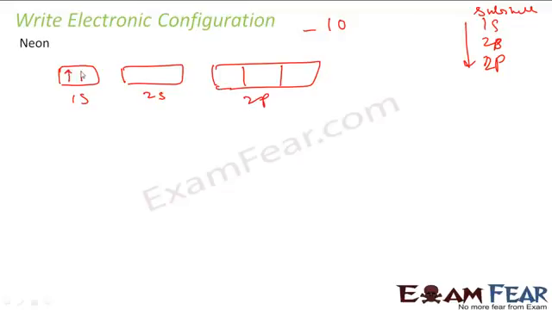First electron comes here, second comes here, third, fourth, fifth, sixth, seventh, eighth will come here, ninth will come here, and 10th will come here. So you see all the orbitals are filled in this case, and that's why neon is a noble gas. It is very, very stable. Correct.